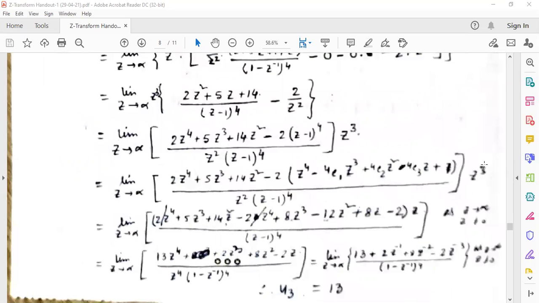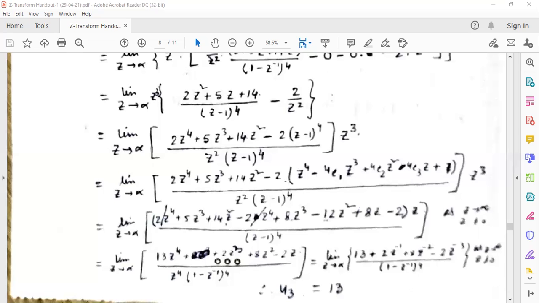Now write down here the value of z cube, remaining unchanged, minus 2 into, just make it into the binomial a minus x whole to the power n formula. A to the power n minus nC1, here n equals 4, nC1 z to the power n minus 1 plus nC2 z to the power n minus 2 minus nC3 z to the power n minus 3 plus 1. This is the value of this. Now 2z to the power 4 plus 5z cube.